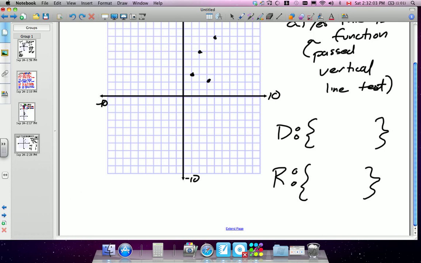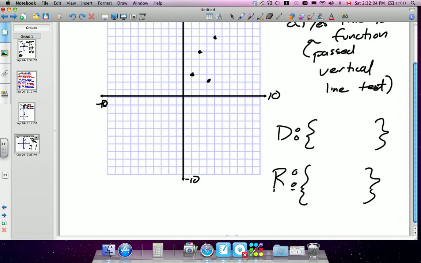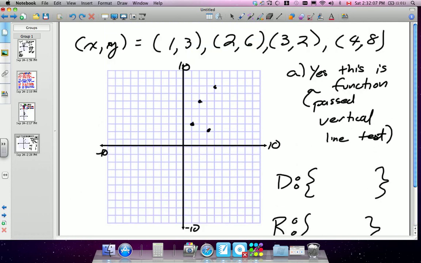Since domain deals with our x values, what are my x values here? 1, 2, 3, and 4. Real simple. So my domain of the function is 1, 2, 3, and 4. What about my range? What are my y values? 3, 6, 2, and 8. Now, I'm going to try to put them in order.